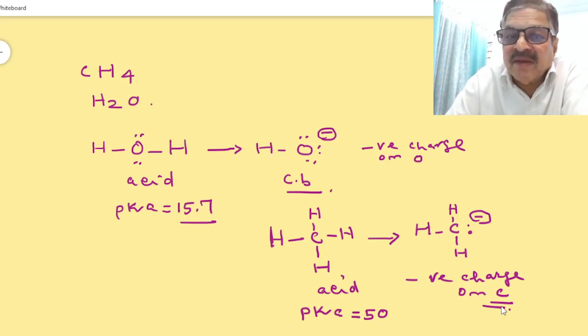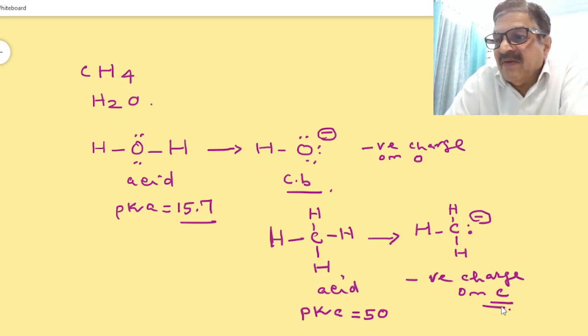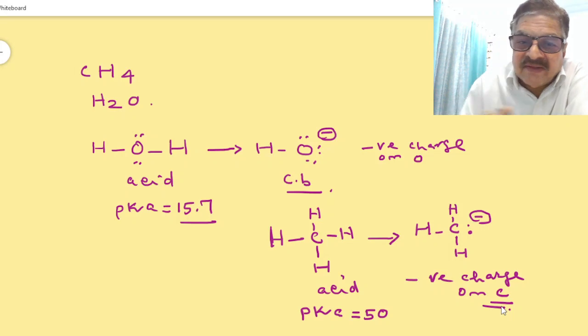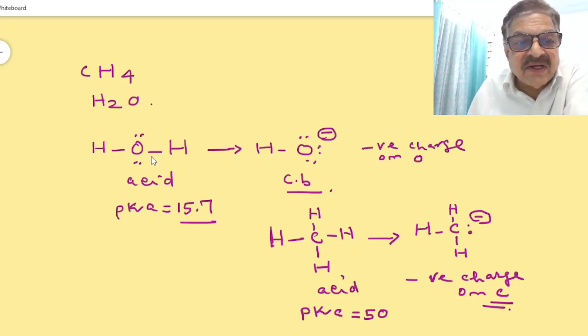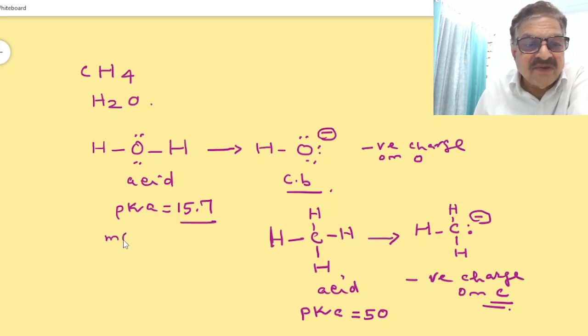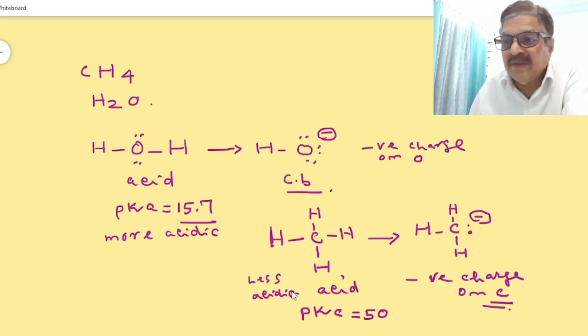OH minus is more stable rather than CH3 minus, and therefore water is more acidic. This is more acidic and this will be less acidic, correct? This is as per the periodicity of the elements in the periodic table.